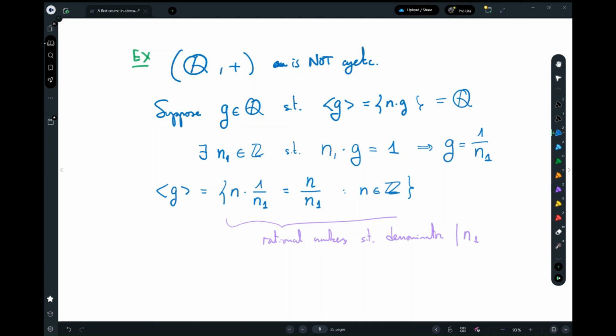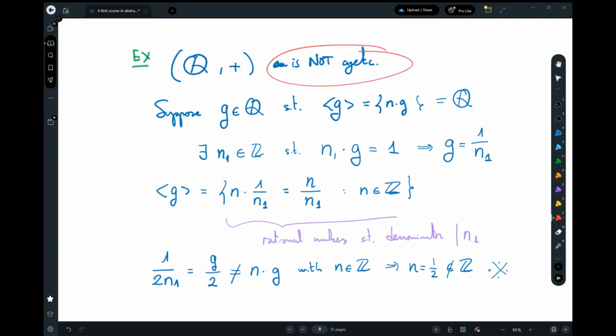So, for example, 1 over 2n1 would be something like g divided by 2, and this is not some multiple of g with n an integer, because that would tell me that the integer that I need is a half, which is not an integer. So that is the contradiction that I was looking for. So it is impossible. I cannot have one generator of the rationals, so the rationals are not cyclic.